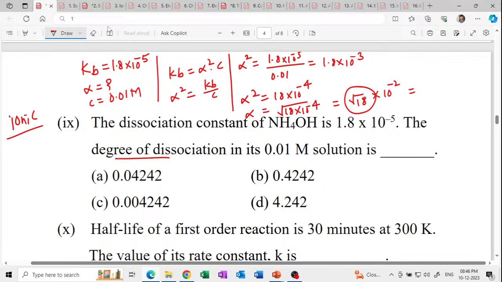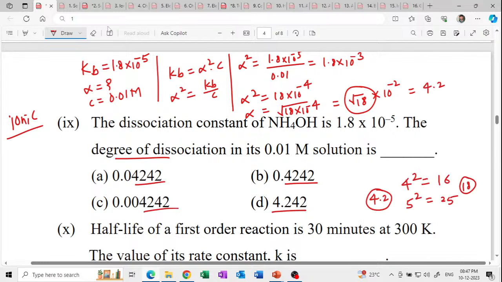So it should be 4.2, because the option is given as 4.2. Everyone get it? How is the under root 18 value predicted?